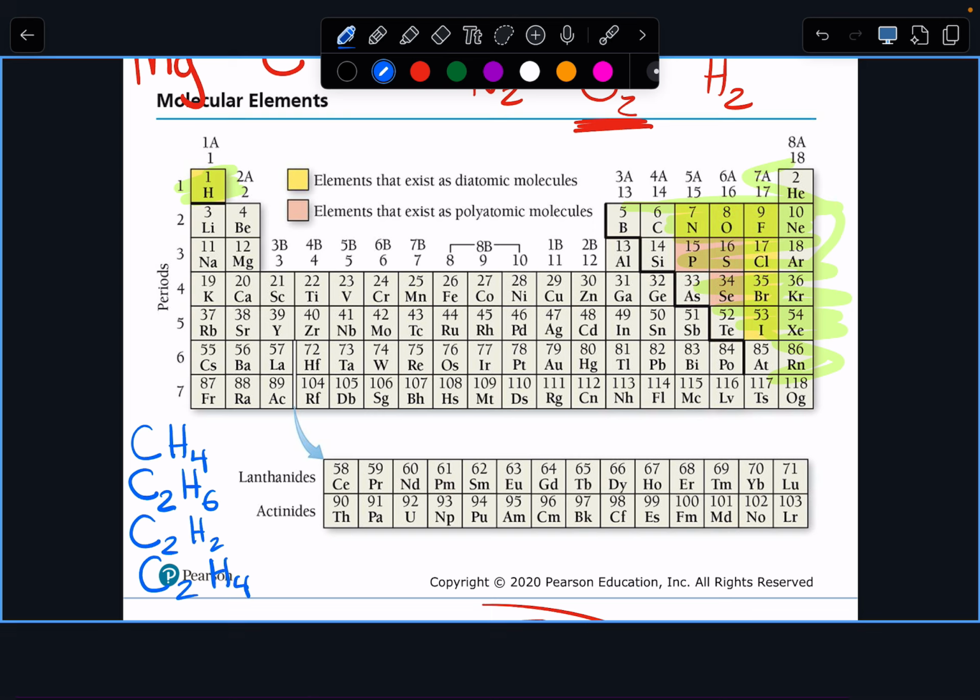So what I want you to notice is there's lots of different combinations of carbon and hydrogen that all have really different properties. And it's totally fine in covalent compounds to have all these different variations. Another, maybe simpler example is carbon monoxide, which is 1 carbon and 1 oxygen, and that's poisonous.